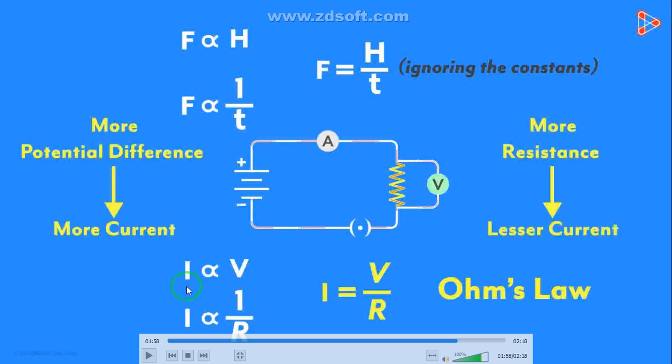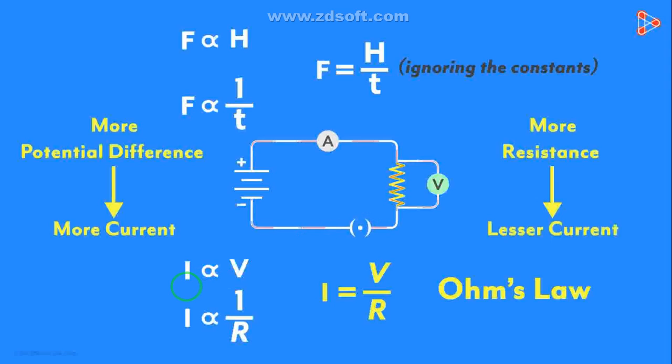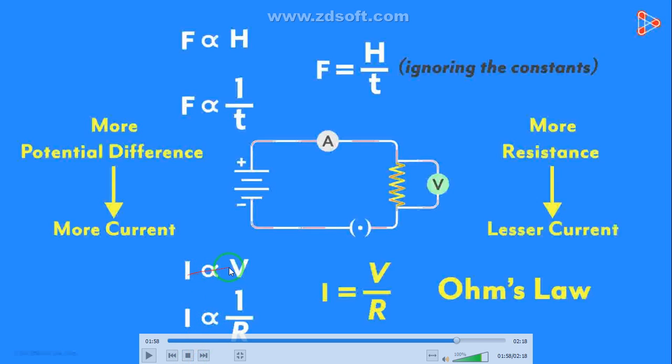That means the current flow depends upon two parameters, one is potential difference and the second one is resistance. So from this first condition, I is directly proportional to V, this is nothing but Ohm's law.